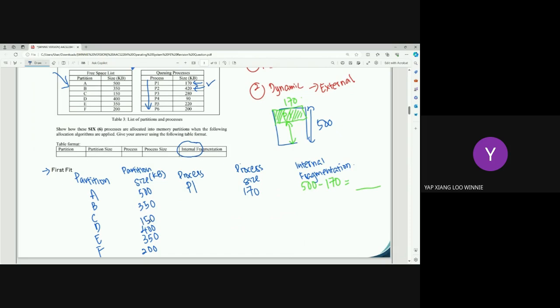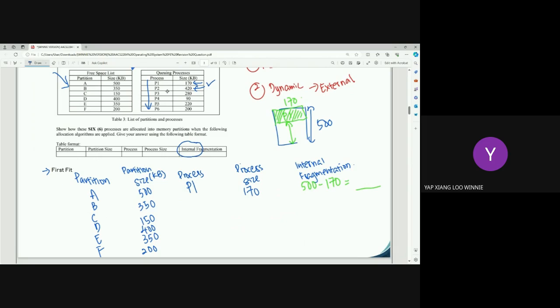What about putting P2 into partition C? C is only 150. 420 is still more than the space available, right? So cannot as well. Then you continue to look: 400, smaller than 420 as well. Partition E 350, smaller than 420 as well. What about F, 200, smaller as well?